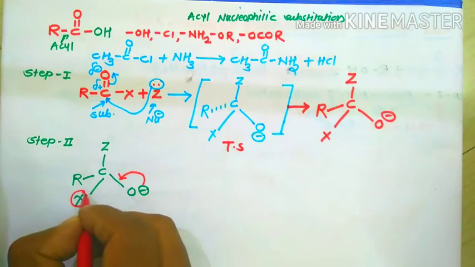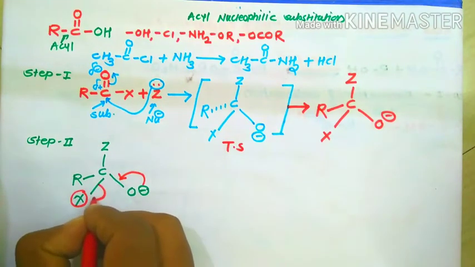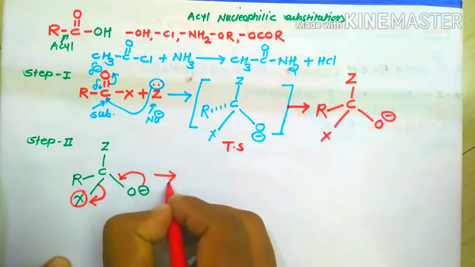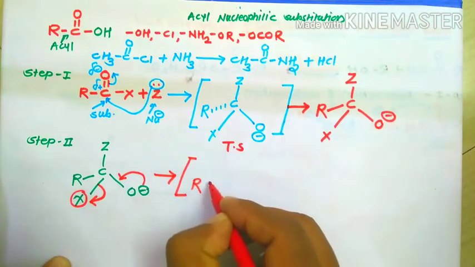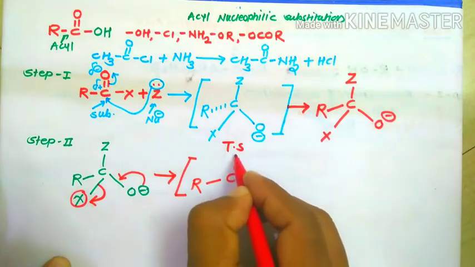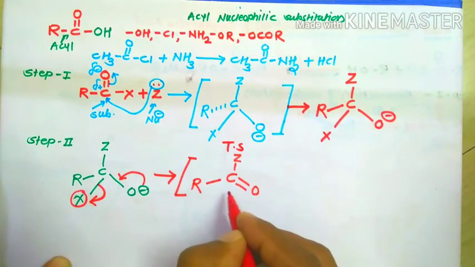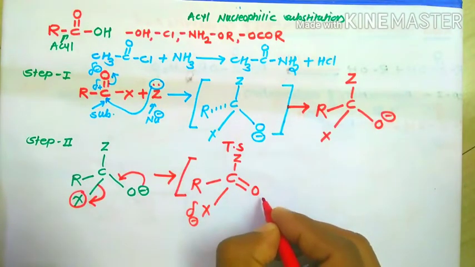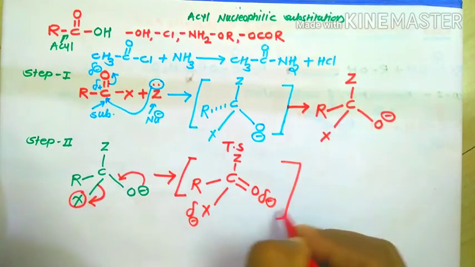At that time the leaving group halide is eliminated with its bonding pair of electrons, taking both electrons and going out, and forms R, C, Z double bond O, X del negative, oxygen also del negative.